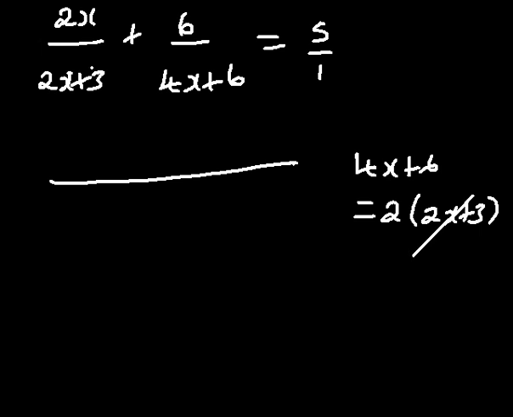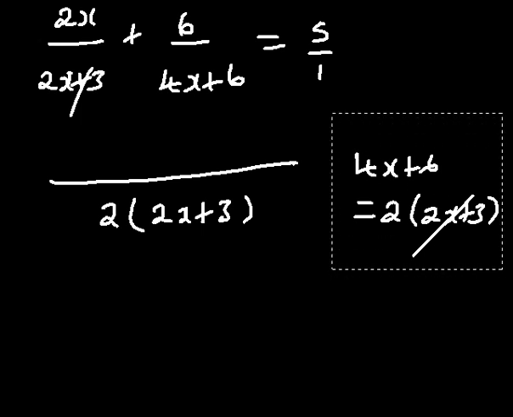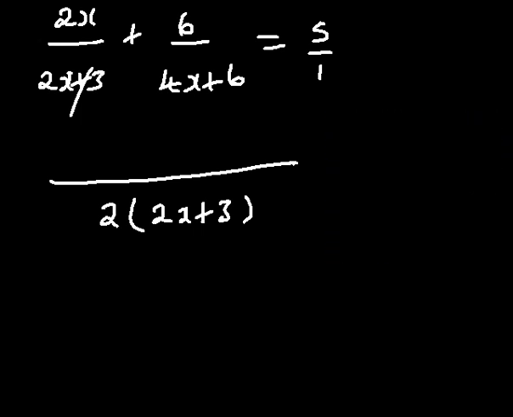So hence the common denominator will be given as 2 times 2x plus 3. You need to be very careful with some cases. Just have to be well conversant with whatever is happening.